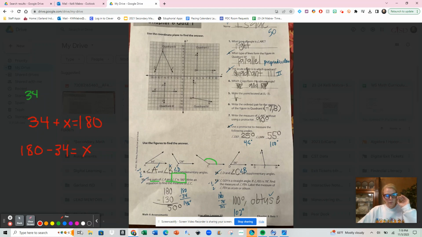All right, so the way that we find that out, and your teacher wrote it down right there for you, is 180 minus 34 is equal to 146 degrees. And that is your answer.